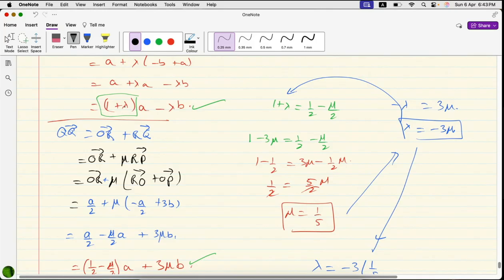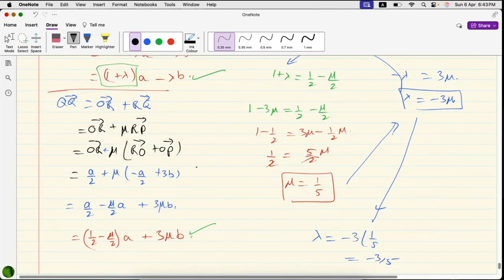If mu is 1 by 5, lambda is, I'm getting minus 3 by 5.